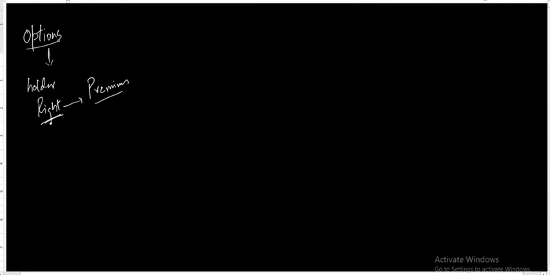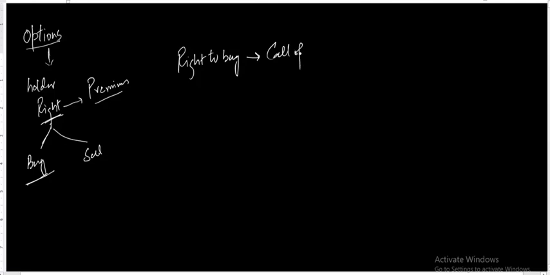Now these rights can be of two types. He will either get a right to buy or he will get a right to sell. The party that has the right to buy is called the call option, and the one that has the right to sell is known as the put option.